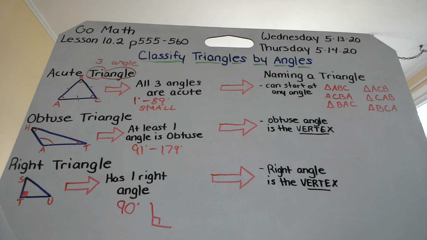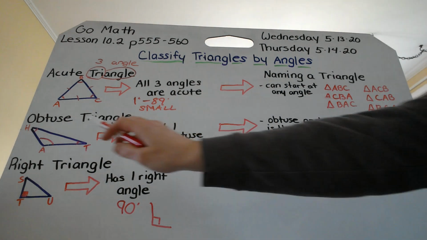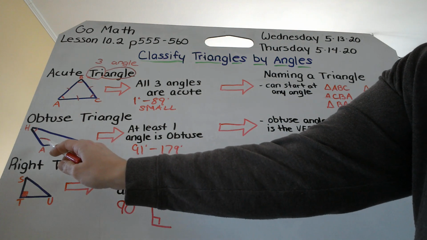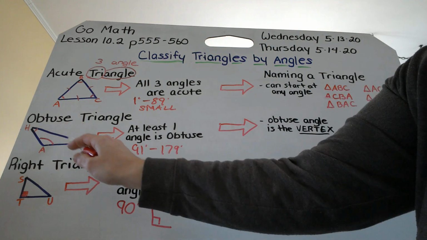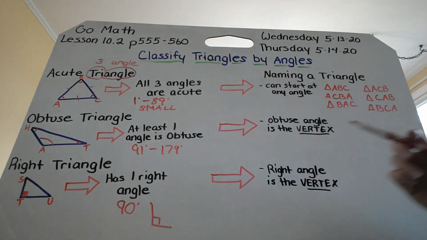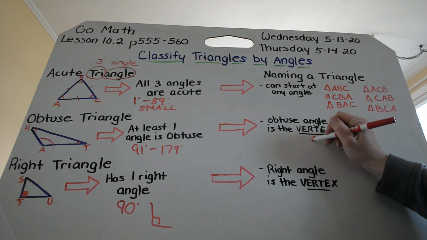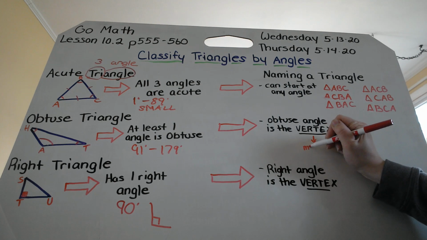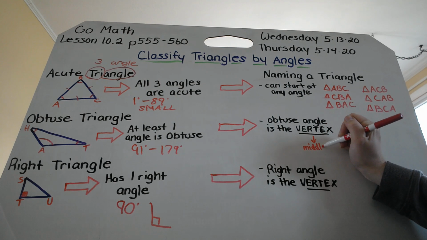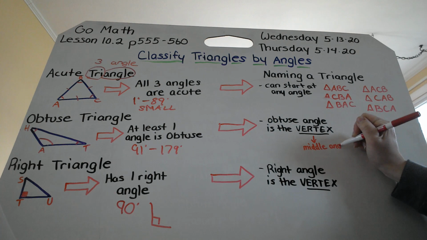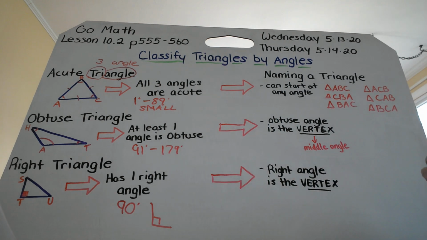All right, the next 2 are a little bit different, because for an obtuse triangle, which has the big angle right here, it has 2 smaller angles and then a big angle right there. Your obtuse angle is always your vertex, or always your middle angle. Remember from Monday we talked about this word? It's always your middle angle.